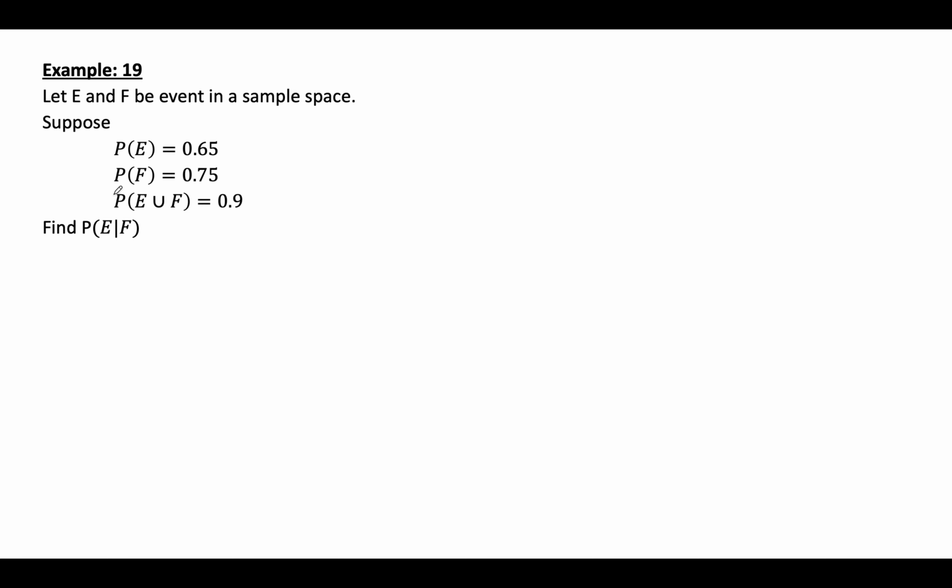So we need to find the probability of E given that F. So the probability of E given that F is equal to the probability of E intersect F over the probability of F. Now if you notice here, I've got the probability of F, but I don't have the probability of the intersect. So where we can get the intersect is from the union.